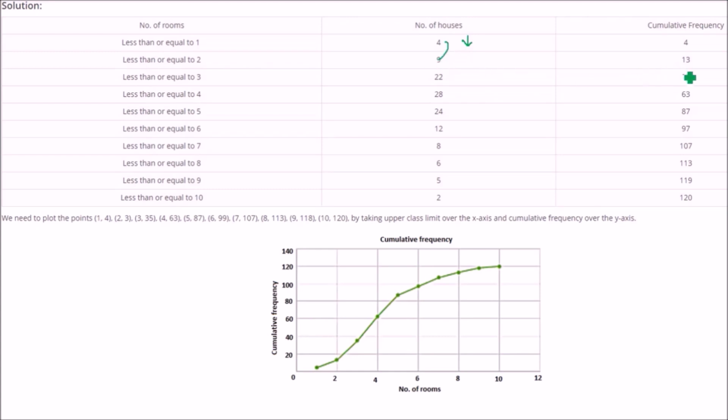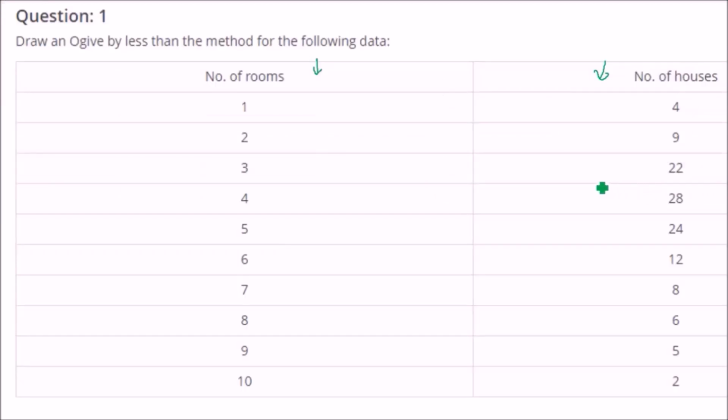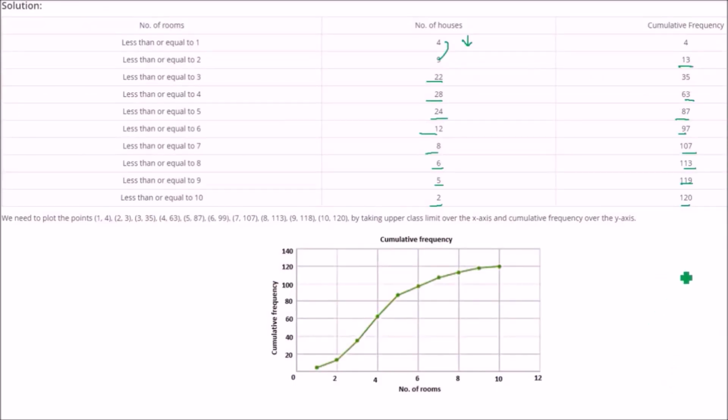That is 4 plus 9 is 13, 13 plus 22 is 35, then 35 plus 28 is 63, 63 plus 24 is 87, 87 plus 12 is 97, 97 plus 8 is 107, 107 plus 6 is 113, 113 plus 5 is 119, and 119 plus 2 is 120. So we have these values.